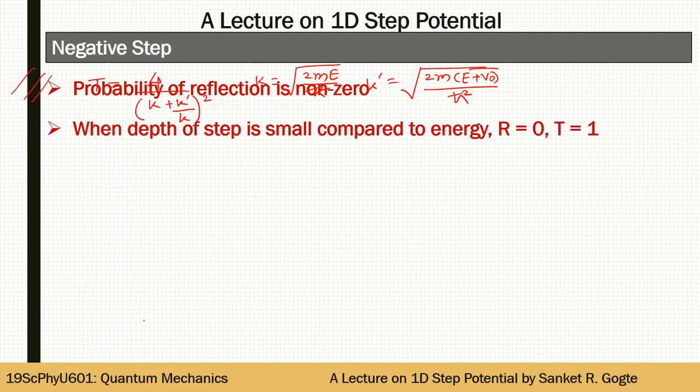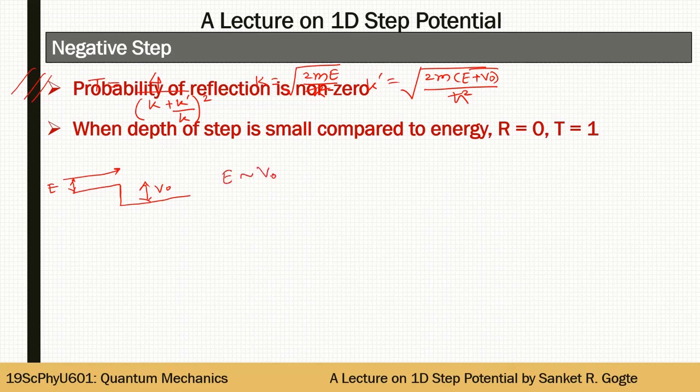The second case that you should notice is when the depth of the step is compared to the total energy. What I mean by that is we have this energy, which is the energy of the particle when the potential is 0, and now the depth, which is V0, is comparable to the energy. So that is what I mean by E comparable with V0.